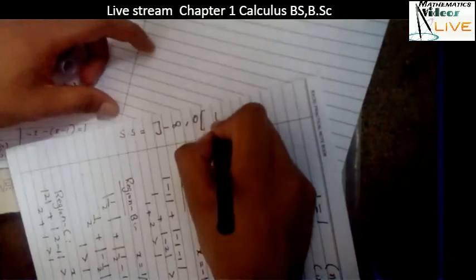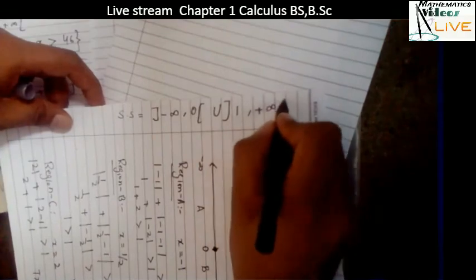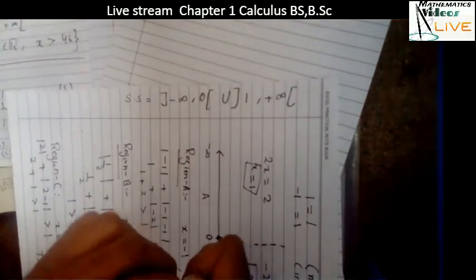One is minus infinity to 0, and note that this 0 cannot be included in the solution because the given inequality contains only the greater than sign, or if there were the greater than or equal to sign, then we could include 0.